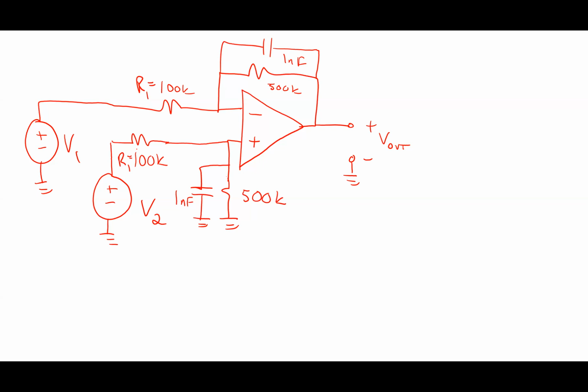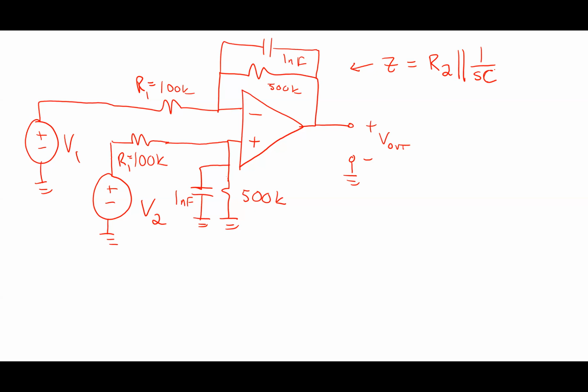The 500K and 1 nanofarad are in parallel in both cases. So basically I've got a Z up here and a Z down there, and Z is what I'm going to call R2 in parallel with 1 over S times C. That's what that impedance is.